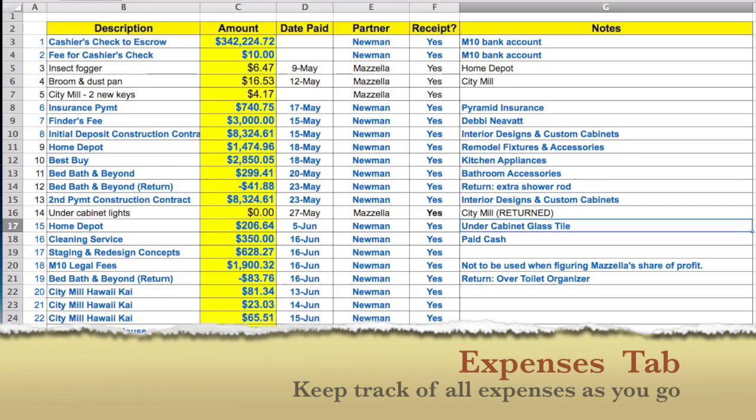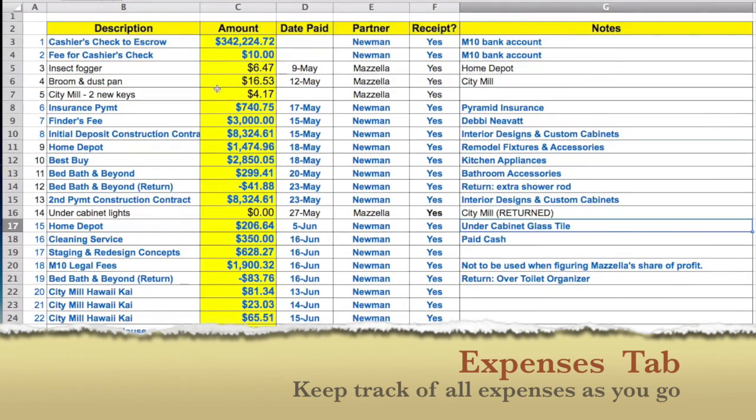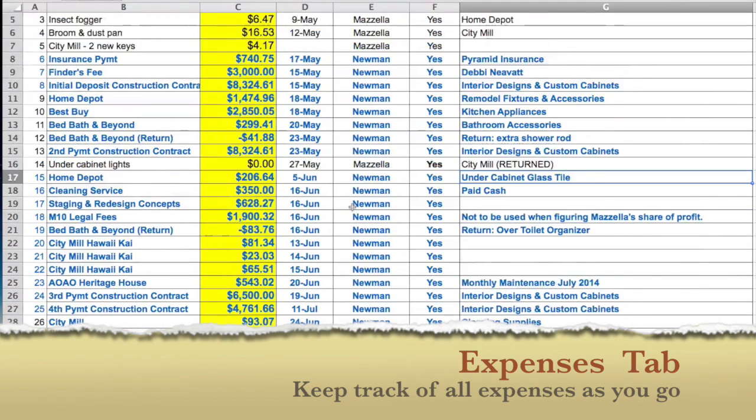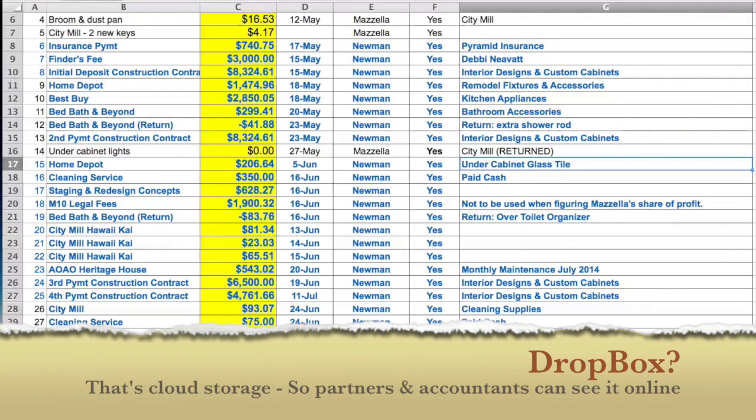I just clicked on the expenses tab, and this is a way for us to keep track of everything that we spend going in, even if you have a partner who spends, so you can just keep track of everything, and then it keeps a tally down at the bottom, and that's very helpful. So what I do is I put these into a Dropbox where both of us can access it, and then at the very end of the deal, we have our accountants access the Dropbox, and they look over everything to make sure everything is smooth.